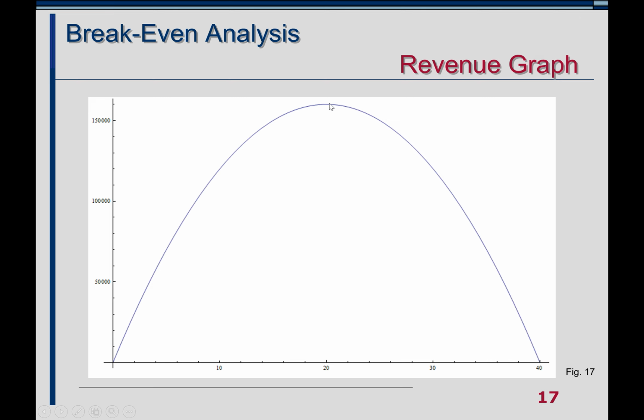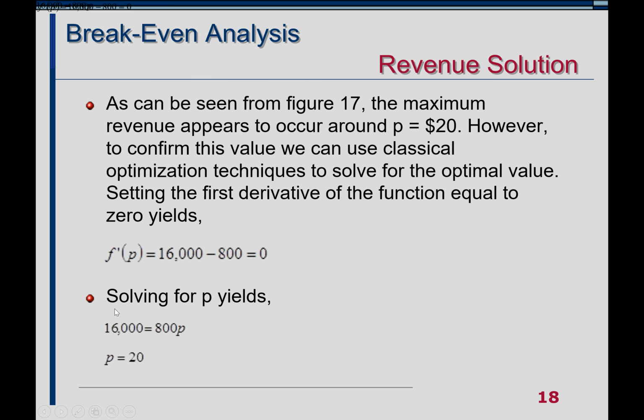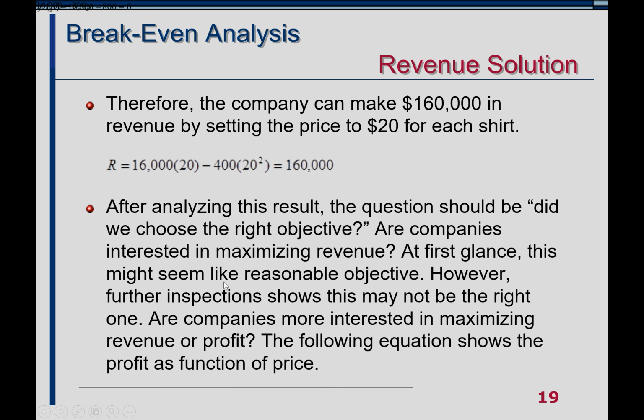We're trying to figure out where this slope is equal to 0, and that gives us a value of 20. So we solved this using traditional methods, calculus and first derivatives. It's a classical calculus problem.